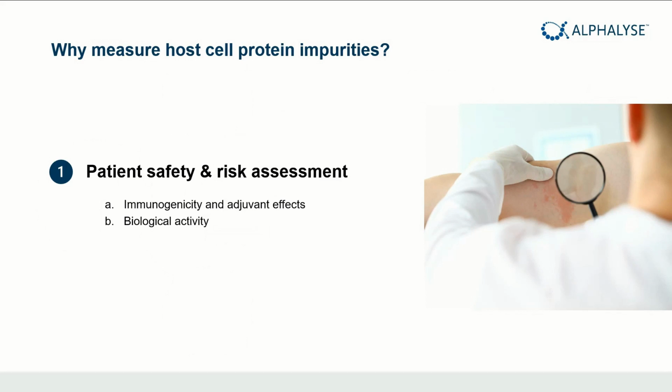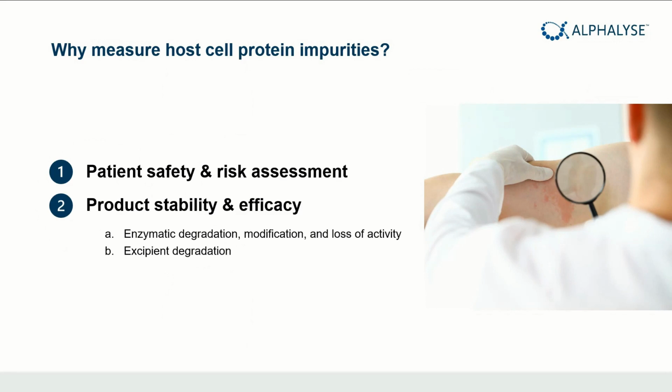In the past 5 to 10 years, there have been a number of examples where impurities have been immunogenic or caused adjuvant effects. So you raise antibodies in the patients against the drug substance. You don't want this unless you have a vaccine. Some impurities themselves might have biological activity in the patients.